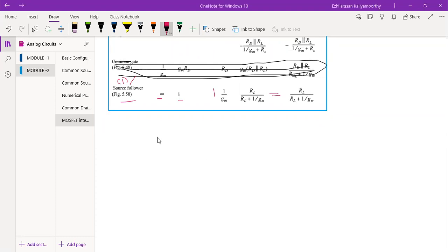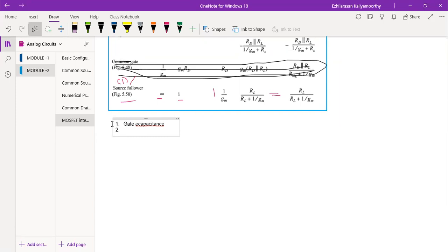Now, there are basically two different types of internal capacitance in a MOSFET. The first one is gate capacitance.